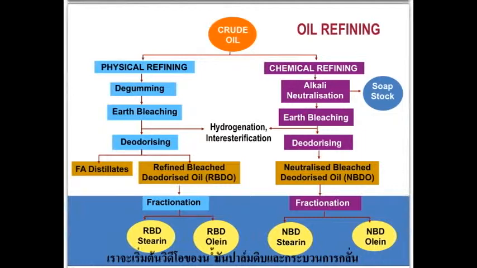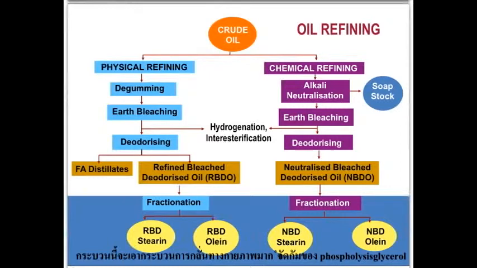Then for the refining process, in general, we can divide the process into physical refining, basically by using high temperature steam distillation, and chemical refining, which uses chemicals, alkali or the caustic solution, to remove the components that need to be removed during the refining process.